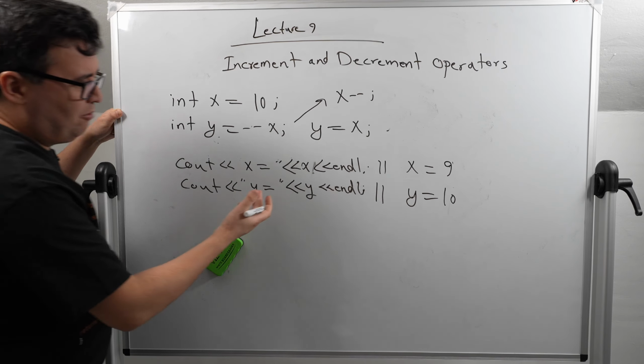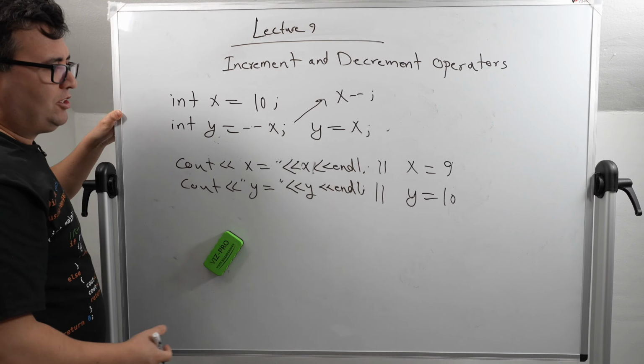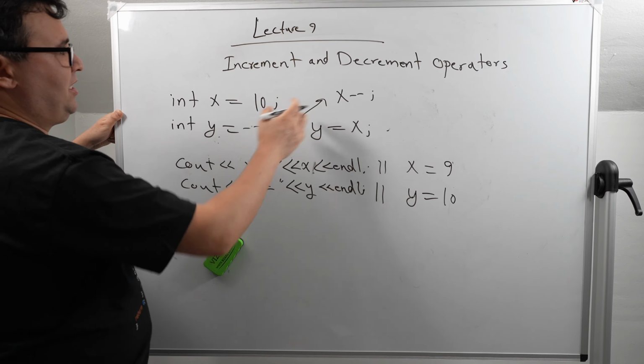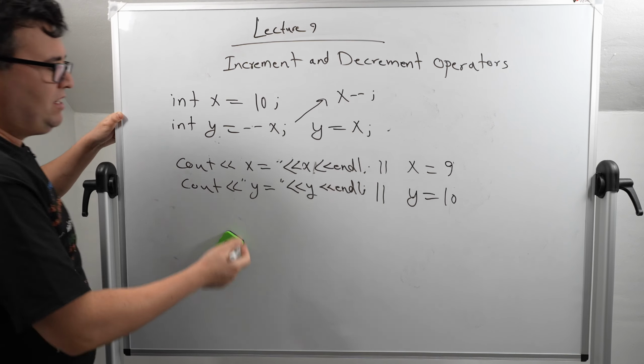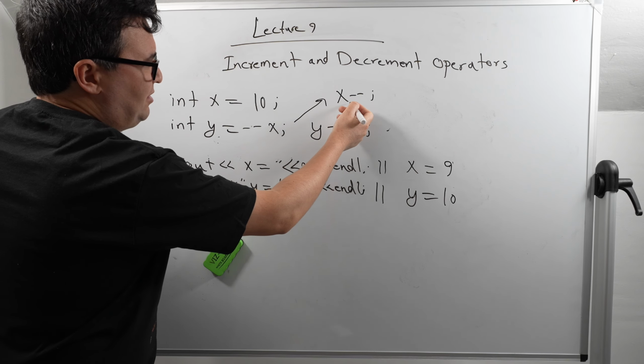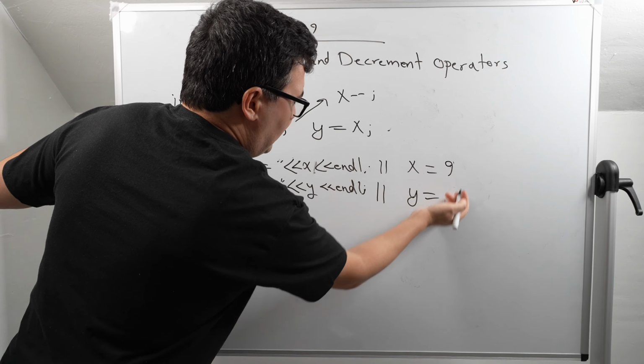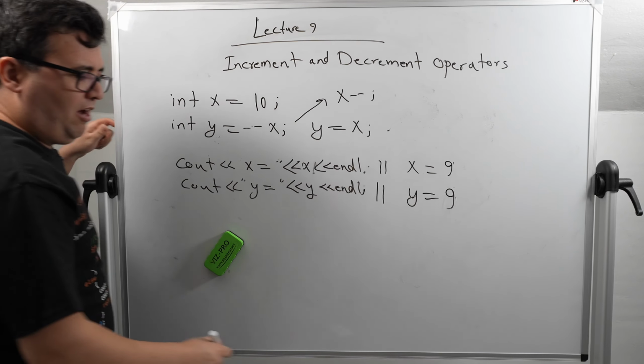So in this case, what is the value of x, and what is the value of y? So x minus minus becomes 9. What is the value of y? Y also becomes 9 because x became 9 here, then 9 is stored inside y. So in this case, both variables contain 9.